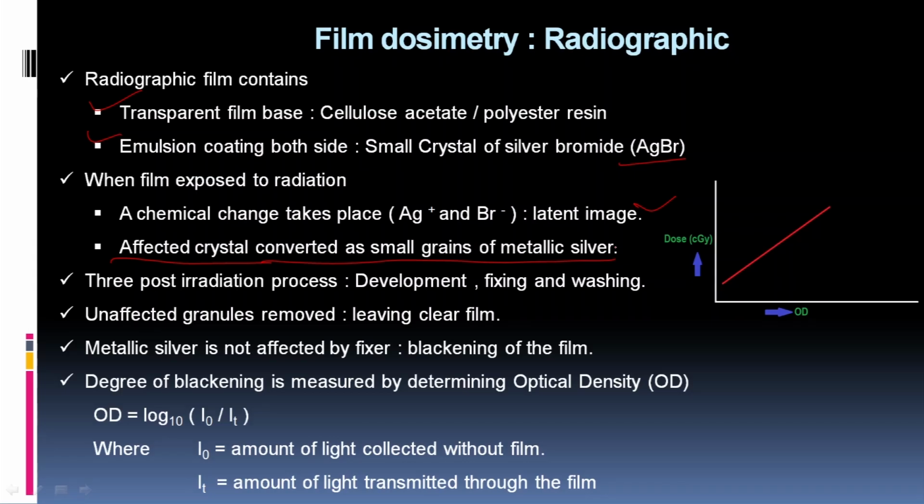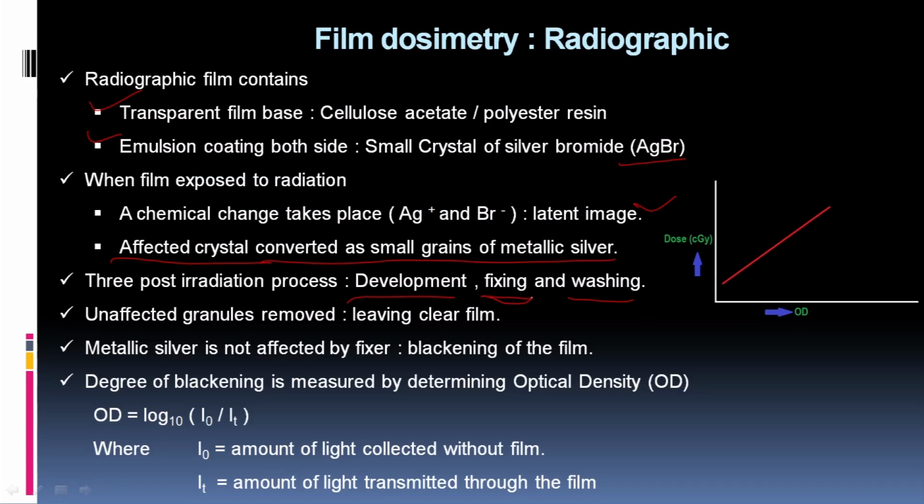So there are three post-irradiation processes: development, fixing, and washing. During development, the conversion of AgBr to metallic silver is increased a little bit, which amplifies the radiation effect.